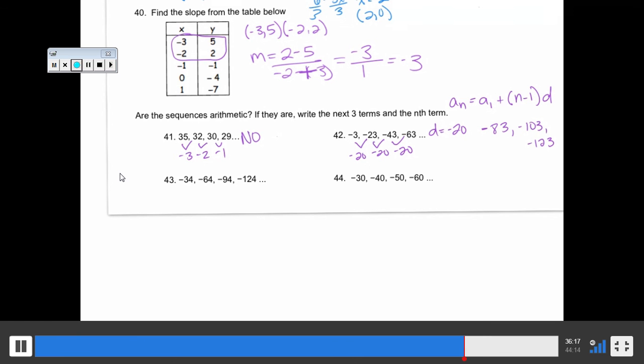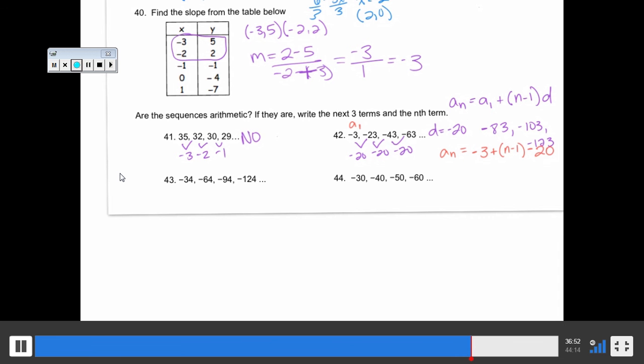So in this case, our a sub 1, that's the first number. And then we have our a sub n equals negative 3 plus, then we have n minus 1. I'm running out of room, so I'm just going to write over that negative 123. And then we have our common difference, so negative 20. So that would be how to find the nth term.